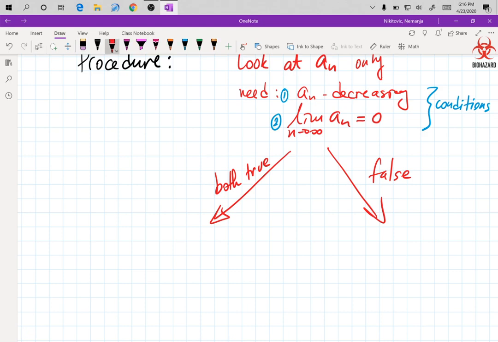If you get both true, you are then going to check the summation of a_n. Observe that there is no alternating term in there.